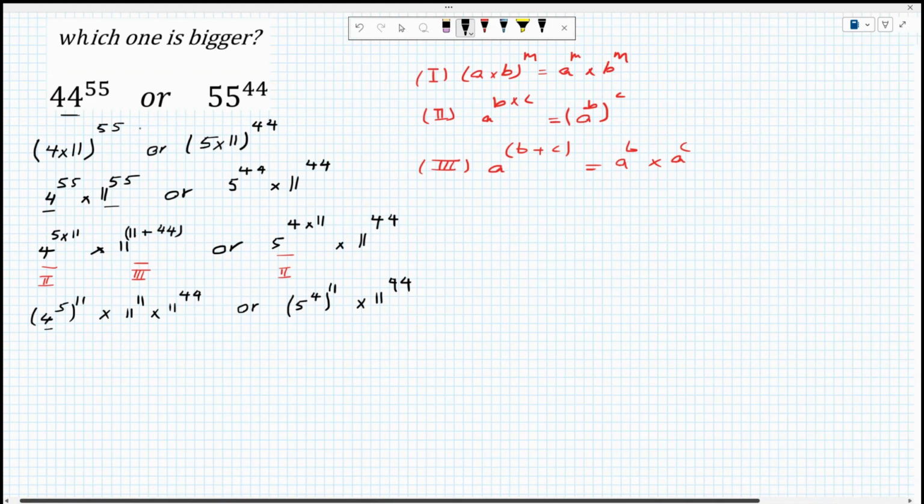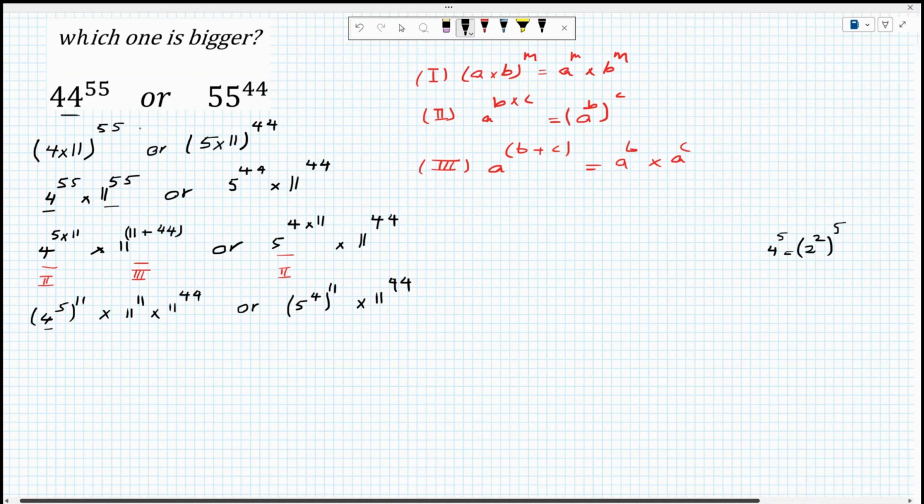Here, 4 to the power of 5, I'm going to write it on the side. Instead of 4, I can write 2 to the power of 2, in total to the power of 5.